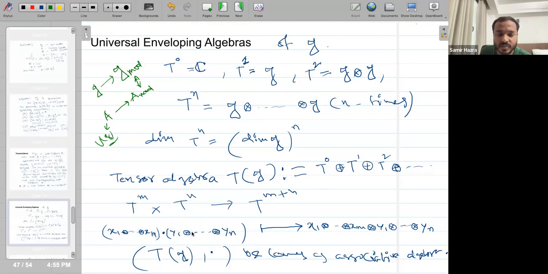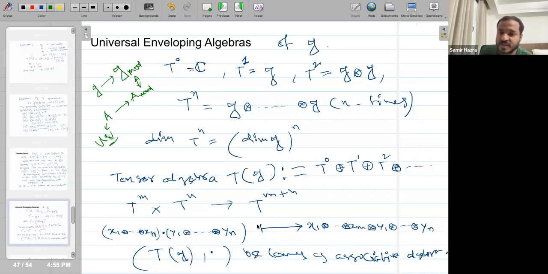These types of tensors form a basis of the vector spaces Tm and Tn. Therefore, if we define the product here, we can extend it linearly to all of Tm tensor Tn. This dot is given by just amalgamation, writing one after the other: x1 tensor xm and then tensor y1 tensor yn.